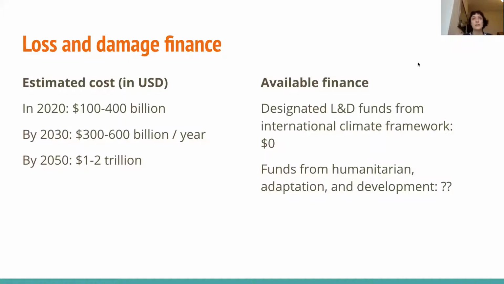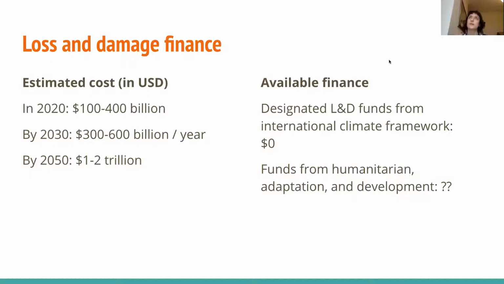And in terms of the finance that is available for loss and damage right now, in terms of designated loss and damage funds from the international climate framework, there are $0. And there's no loss and damage finance framework, despite the fact that there is a framework to deal with mitigation and adaptation.